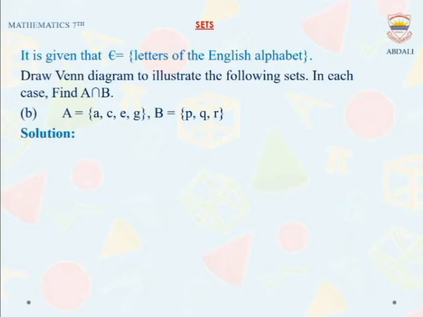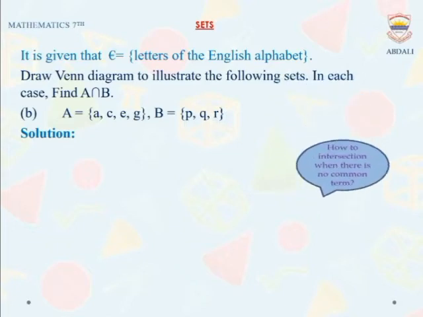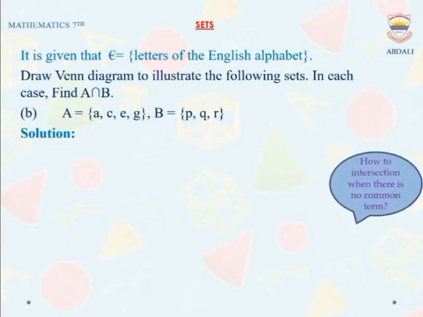Like in set A, we have A, C, E, G, and in set B, we have P, Q, R, and none of the values is common. So, how to represent intersection here? This will be our question: how to represent intersection when there is no common value.